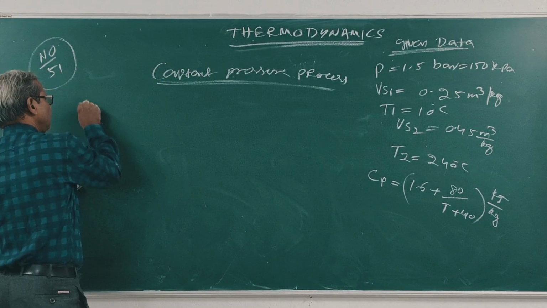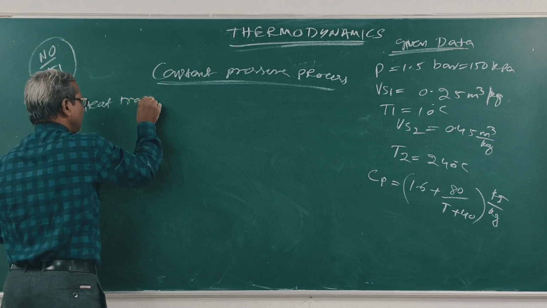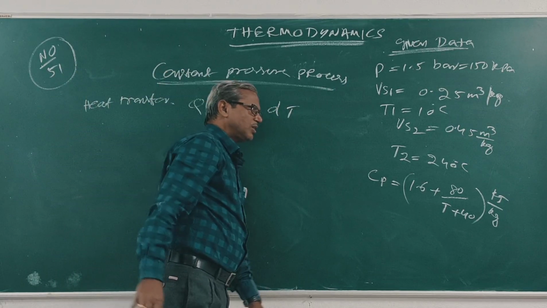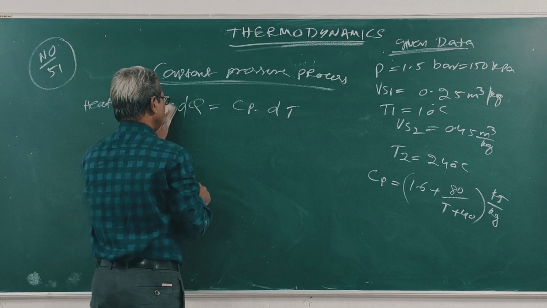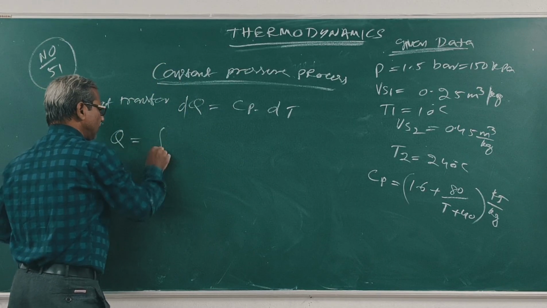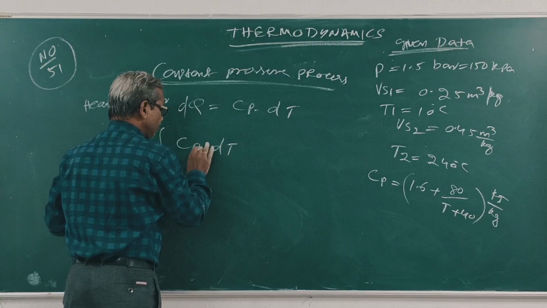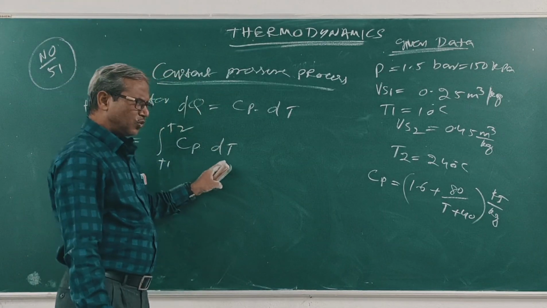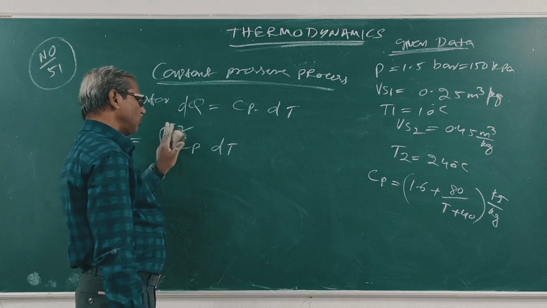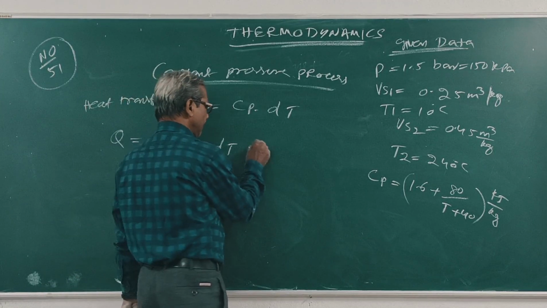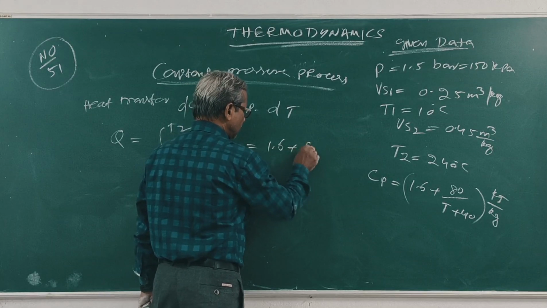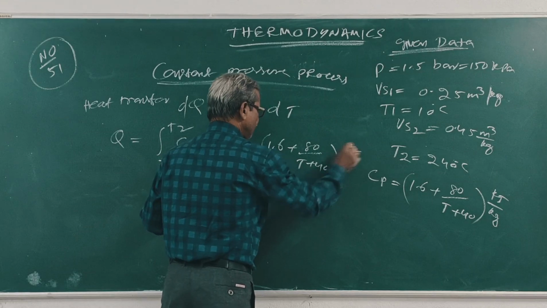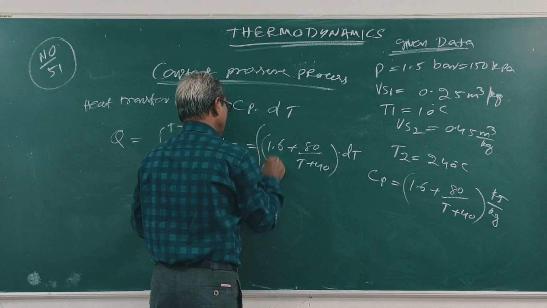Heat transfer. Q is equal to Cp into dT, or dq is equal to Cp dT. What is Q equal to? Integration of Cp dT, limit T1 to T2. What is Cp? 1.6 plus 80 by T plus 40 into dT, limit T1 to T2.